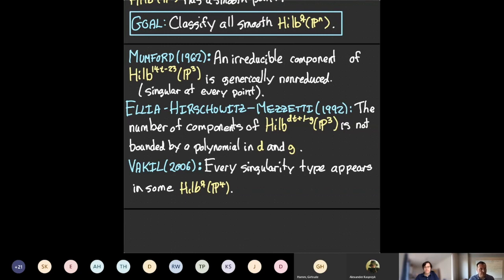If the earlier slide was good news, this tells you that our hope of understanding all Hilbert schemes is wildly optimistic. We're not going to classify all Hilbert schemes in any strong sense. The components themselves can be bad. The number of components is horrible. And no matter how bad you think the singularity is, you can find one that's worse somewhere on a Hilbert scheme.